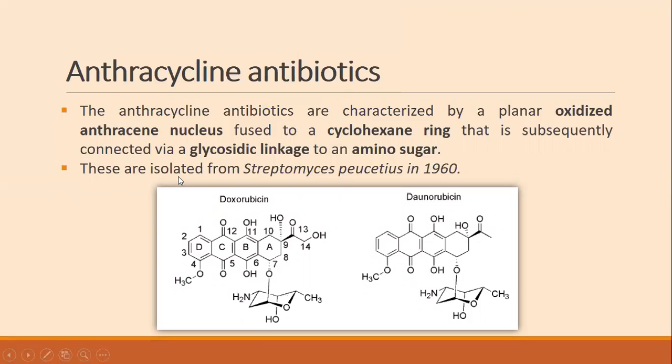Anthracycline antibiotics were isolated from Streptomyces peucetius in 1960. Examples of this category are doxorubicin and daunorubicin. So let us understand doxorubicin and daunorubicin.